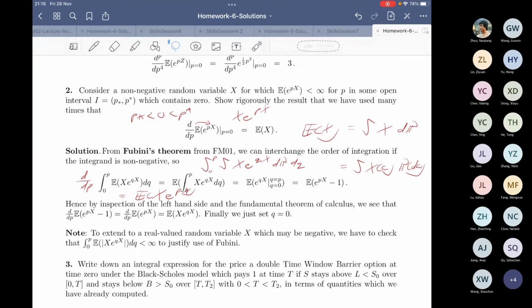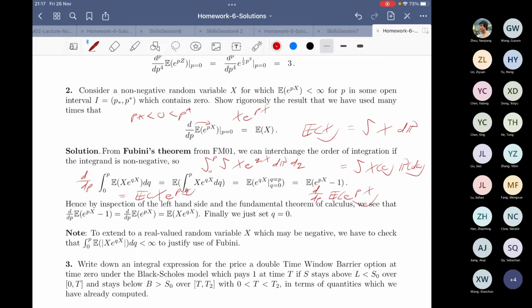On the right-hand side, the derivative of the 1 is 0, so there's no contribution from that, but we also have d by dp of the expectation of e to the px. And that's it, because we were trying to show that this is equal to that. That's the expectation of x to the p, precisely what we were asked to prove.